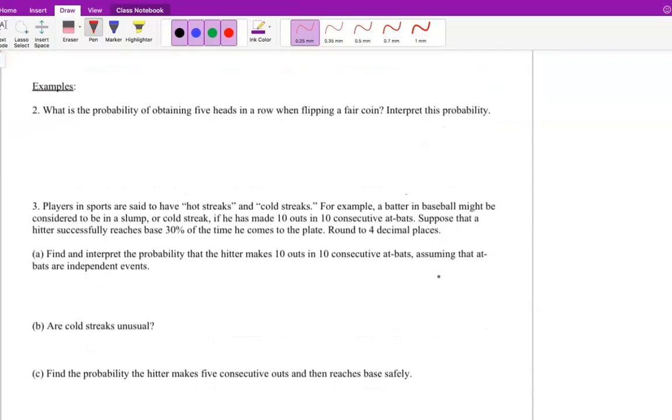Example, what is the probability of obtaining 5 heads? So here we have 5 heads in a row.